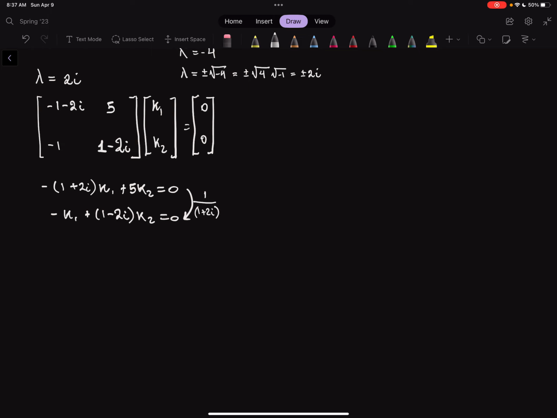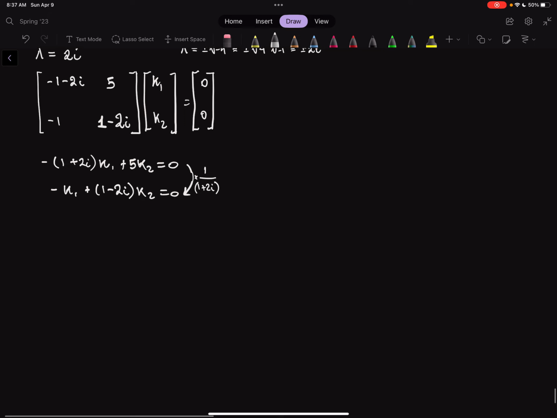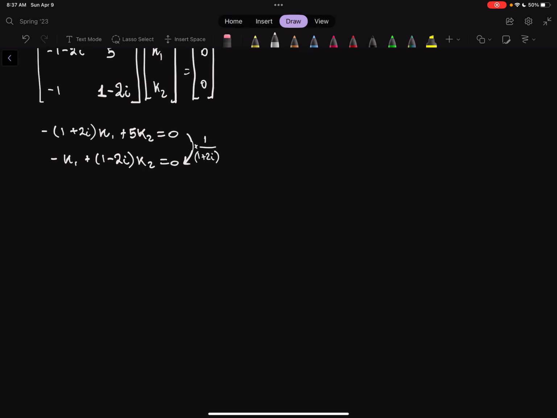Well, first of all, let me indicate that I'm multiplying here. What happens if I do that? Well, I get negative 1 plus 2i times 1 plus 1 over 1 plus 2i, so divided by 1 plus 2i, k1, plus 5 over 1 plus 2i, k2, equals 0.